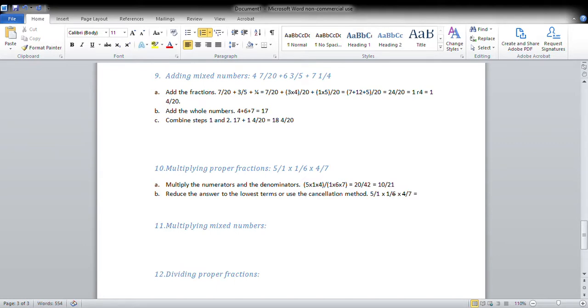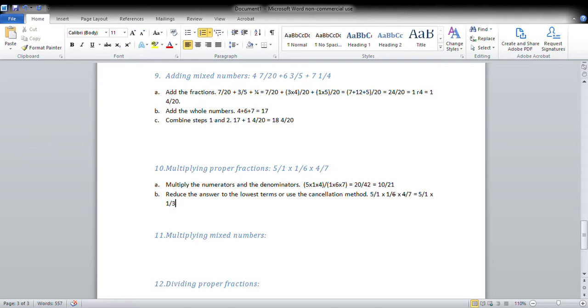So when we strike through, we are then saying that 5 over 1 times 1 over 3, because 6 and 4 are each divisible by 2.